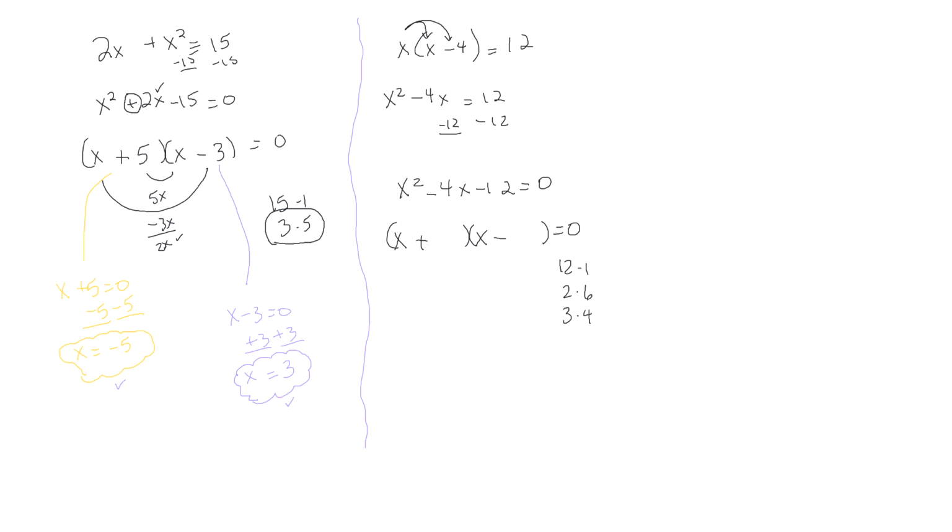That when I subtract them, they're 4. I need the larger of the numbers to be negative. So I can get this negative here. So I'll put the 6 here and the 2 here. X plus 2 equals 0. Remember, when you start out with different signs for the factors, you can end up with different signs in your answer.